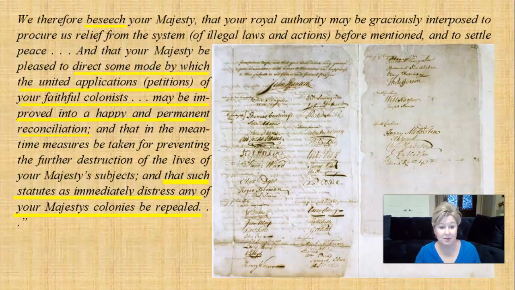We want peace. They do ask at the end that such statutes as immediately distress any of Your Majesty's colonies be repealed. So that's one way that would help us to stop all this, if we would immediately repeal these illegal laws and actions. Please give us relief. We're petitioning you to do the right thing.